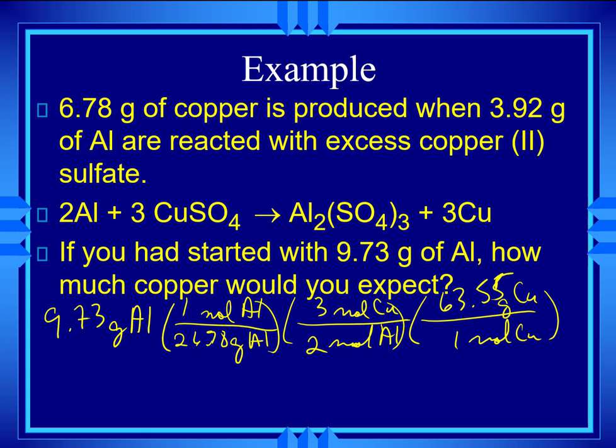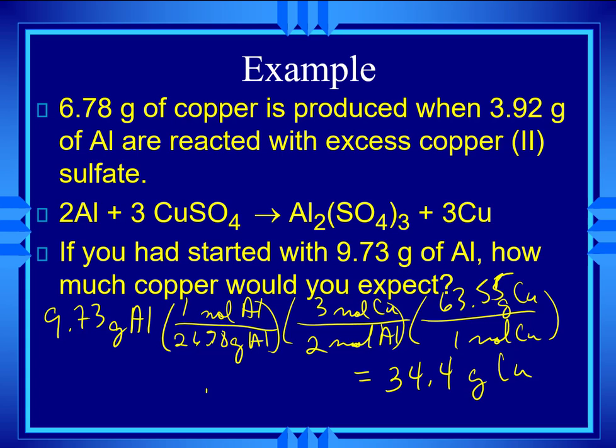So 9.73 divided by 26.98 times 3 divided by 2 times 63.55 equals 34.4 grams of copper. If I use more aluminum, I can expect more copper. But that's my theoretical yield.